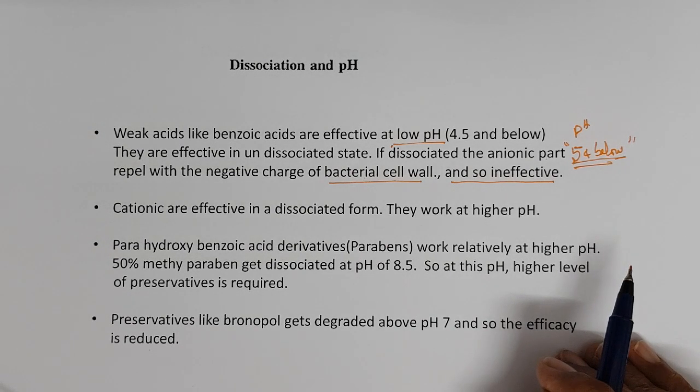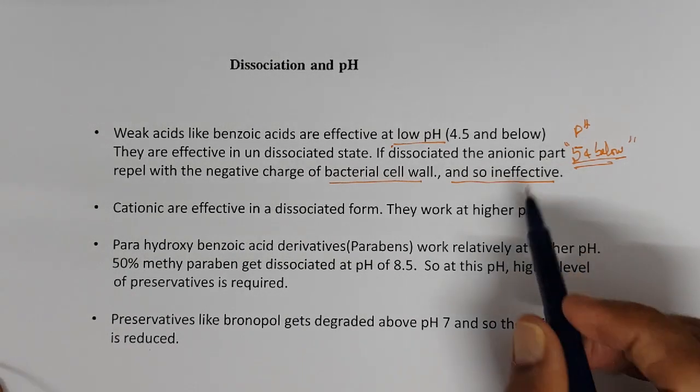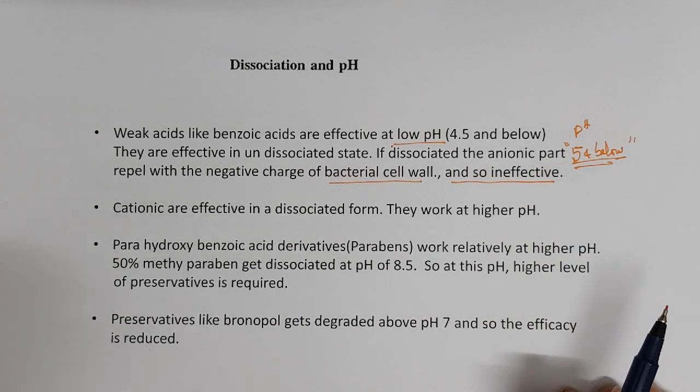So benzoic acid, sorbic acid, these are all weak acids. They work at low pH because as you increase the pH, they start dissociating into ions. Once it starts dissociating, its efficacy is lost, because the anionic part of it, COO minus, will repel the negative charge of the bacterial wall.